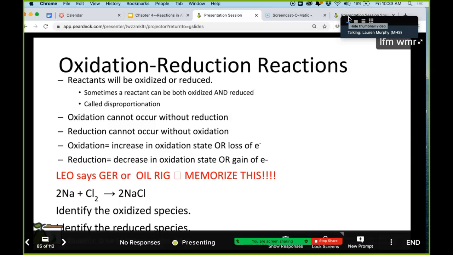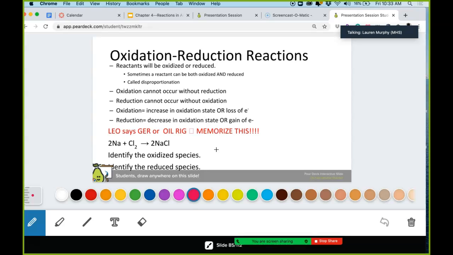So if we go back and look at this reaction, the 2Na plus Cl2 makes 2NaCl. So 0, 0, +1, -1. The sodium went from 0 to +1, which means it lost 1 electron.